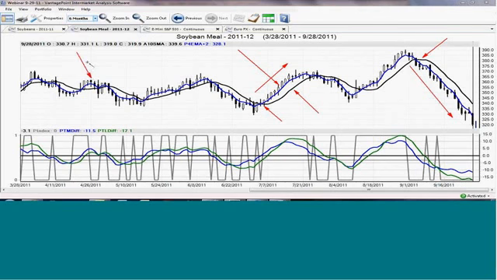It's as simple as that. Now, there will be times in the moving averages where you'll have the choppy situations back and forth, and that's what we're going to try to look at a little bit today, as to how to trade those types of situations.